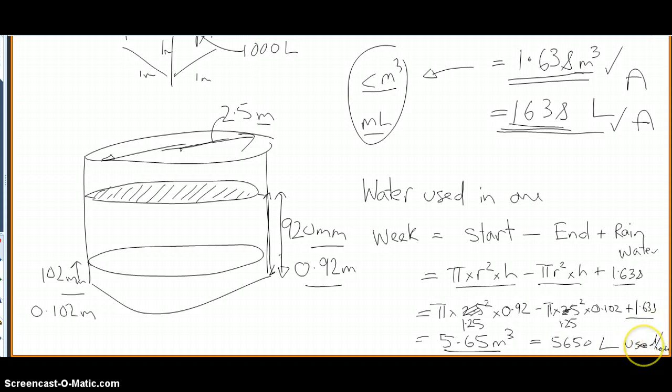Now what I've shown you there is a strong achieved. If you get that far, you're bordering on merit. The other calculation I didn't show you is simply calculating the volume of the tank. You could have done that, and that would have also helped towards achieved.